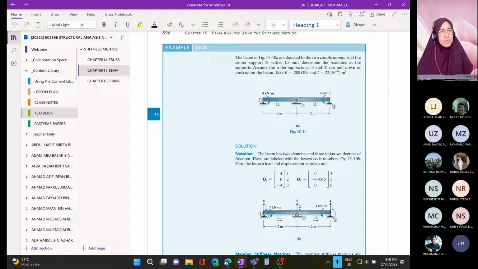So we must determine displacement first, then only we can determine the reaction at the support. In truss, we have to continue with member forces. But for beam and frame, the output will be displacement, and after that the reaction at the support.